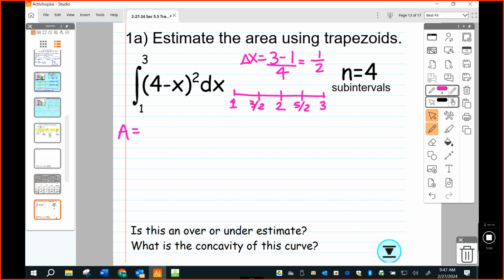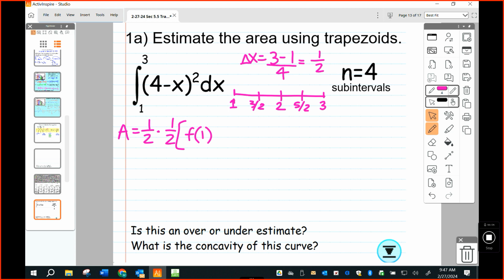A equals 1/2. Always start with 1/2 times, what's my height or my delta x? 1/2. Also 1/2. Please do not write 1/4. I want to see the 1/2 and the 1/2 because it is just a coincidence that our delta x is 1/2 for this first example. It's not always going to be 1/2. So I want to see every part of the formula. Times f of 1.